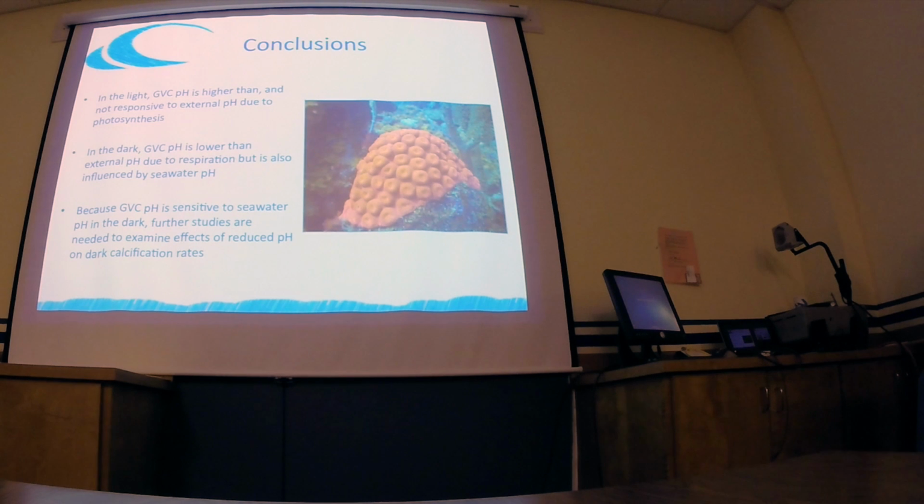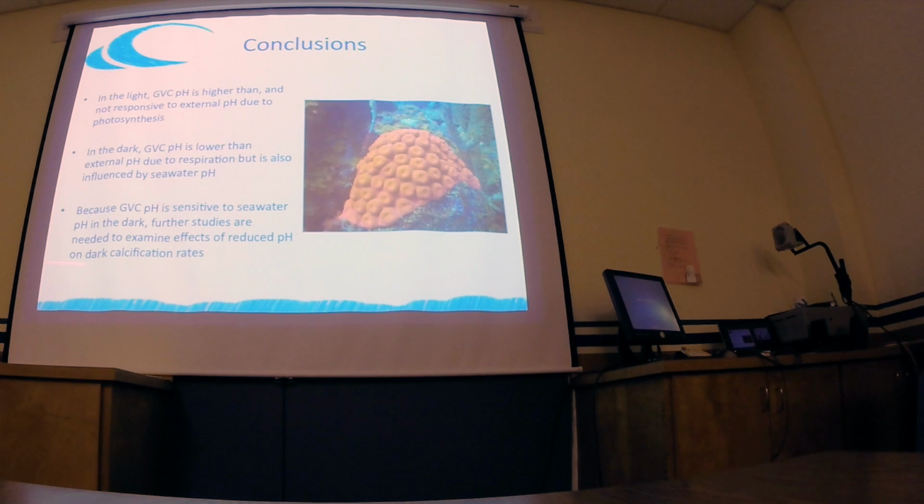The GBC in the light is significantly elevated compared to seawater pH. When external pH is reduced, we do not see a reduction in GBC pH. This is different from the dark, where I do see a reduction in pH. But this needs to be looked at again, because I only have one experimental trial of this.